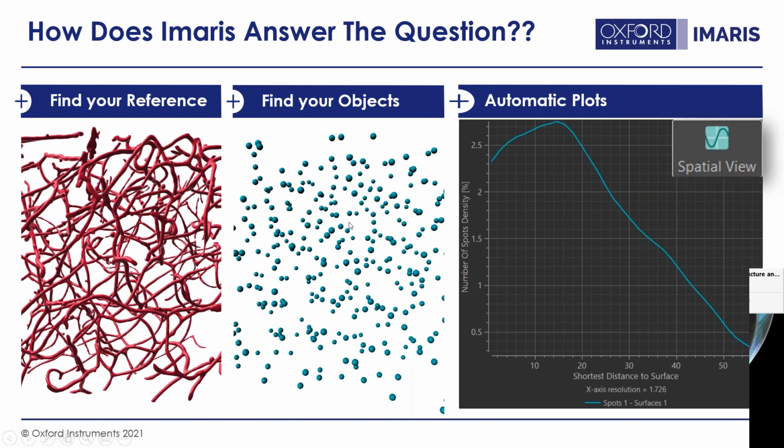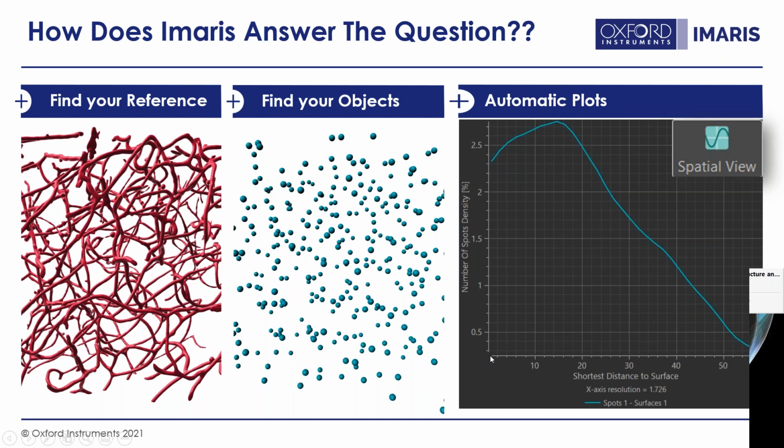I'm just looking outside, and this is an option that you'll see within Vantage. I'm just looking from the edge of these vessels out, and you can imagine that the edge of the vessel is here at the 0 mark. Now Imaris is plotting how many spots are within a given range, and the resolution you can see is about 1.7 microns.